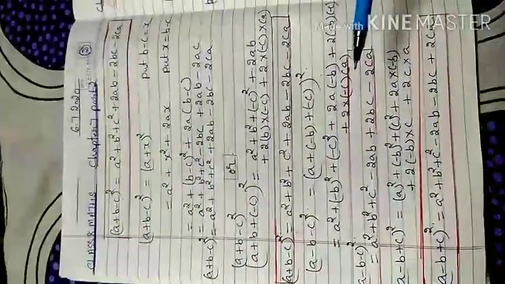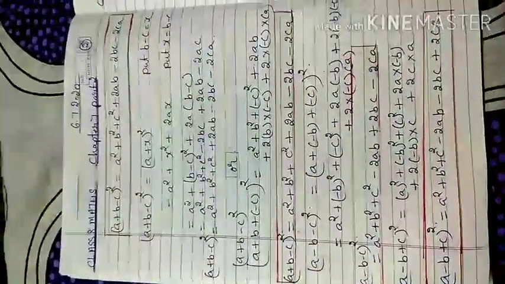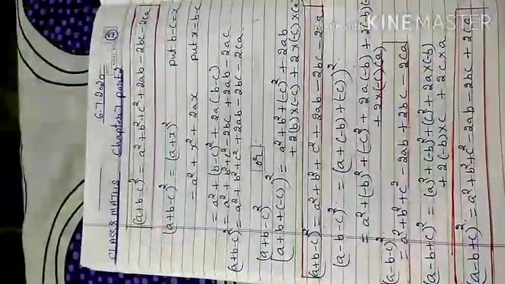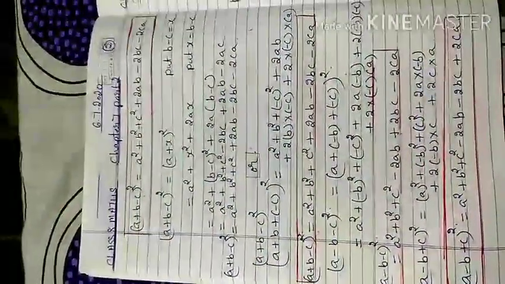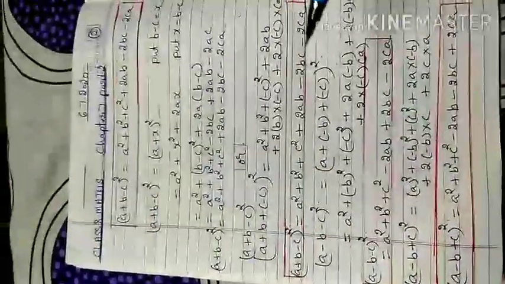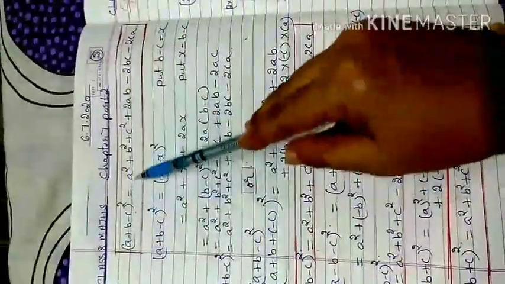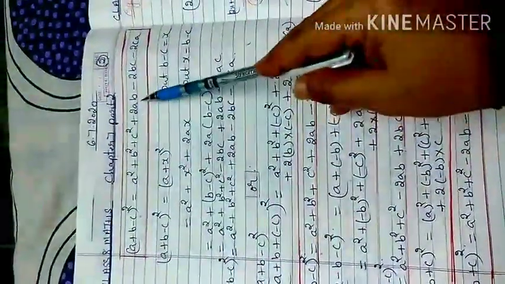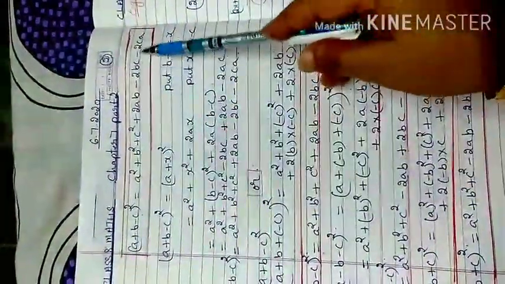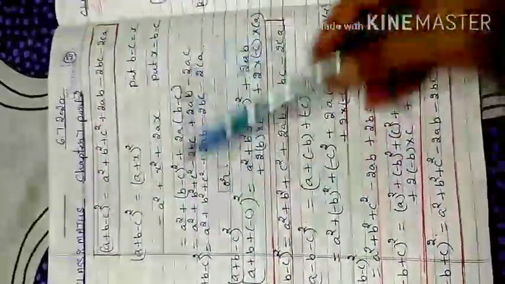Instead of remembering all the formulas, if I just concentrate on the a plus b plus c whole square formula, that will be easier for me to calculate. This formula is a square plus b square plus c square plus 2ab minus 2bc minus 2ca. So this way it will generate.